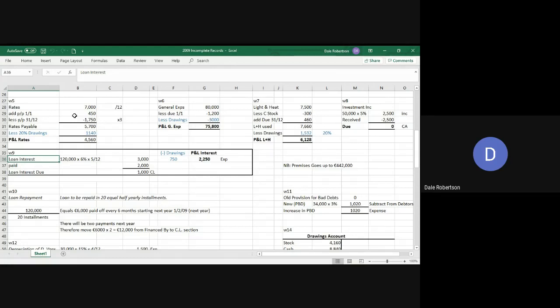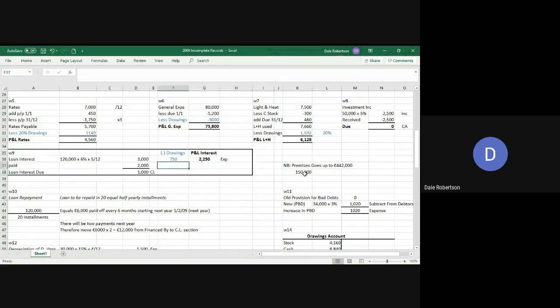Now that is irrelevant here, because that means that the premises goes up to 442. That new premises was actually 150,000. It's just that he only had to borrow 120,000. The 30,000 that he put in of his own funds, that is also capital introduced, like the EU grant, used to purchase an adjoining premises.